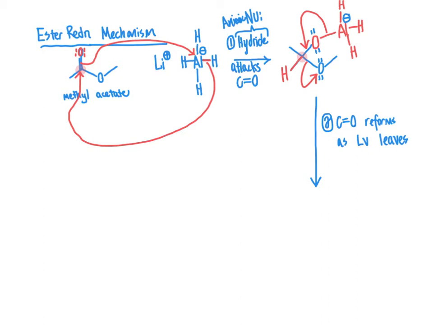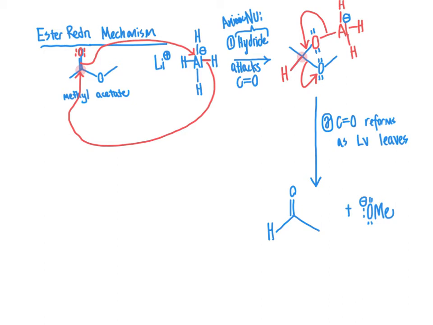Now we'll write out what results. We will have reformed the carbonyl, and bonded a hydrogen and a carbon. Our leaving group, O-methyl, which I'll abbreviate as OMe, will have left like so, giving us this as our product of the reaction.